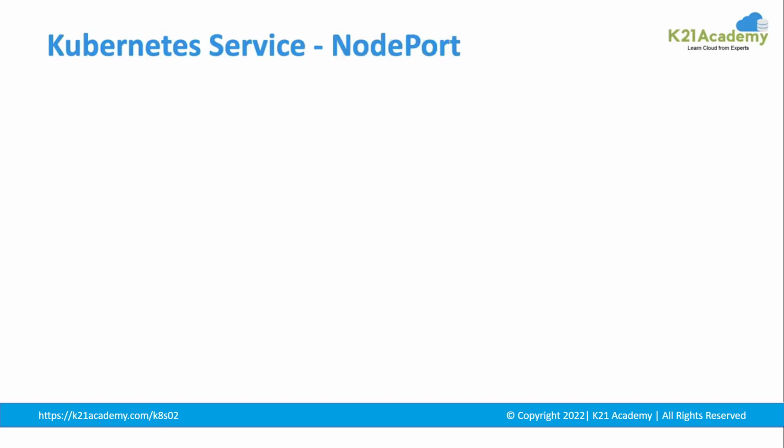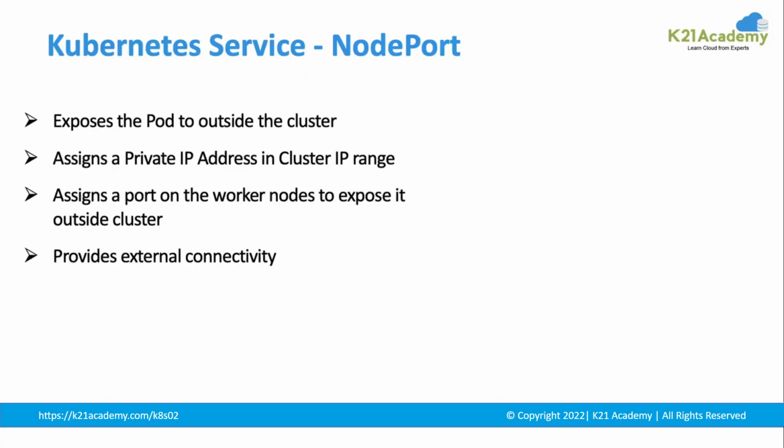We have another type of service because for some applications you would wish to expose that application outside the cluster. In that case you would be creating a service type called NodePort. If you remember, we had the host port type of network in the case of Docker. We had a container and I wanted to communicate outside the node.